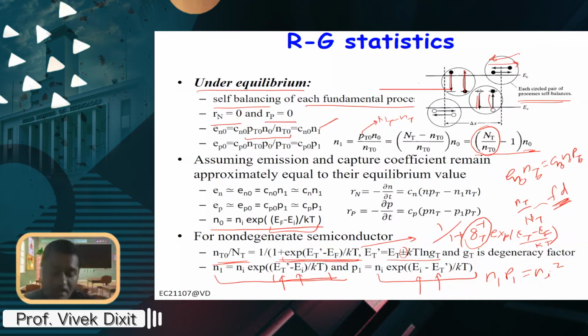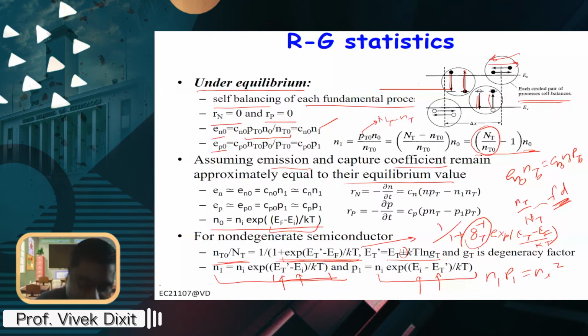Correct? Now let's assume that the constants En naught, Pn naught that we have calculated under equilibrium, they are not going to change when we move away from the equilibrium. Right? That's the assumption. That these emission and capture coefficients, they remain almost same with their equilibrium value. So we can use this relationship now.